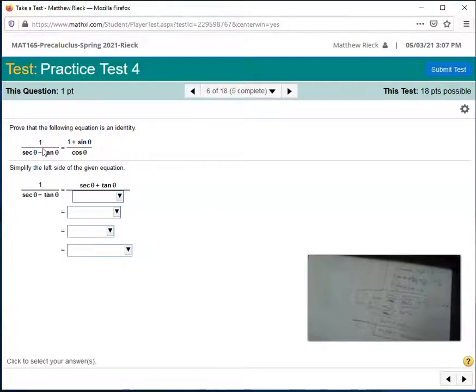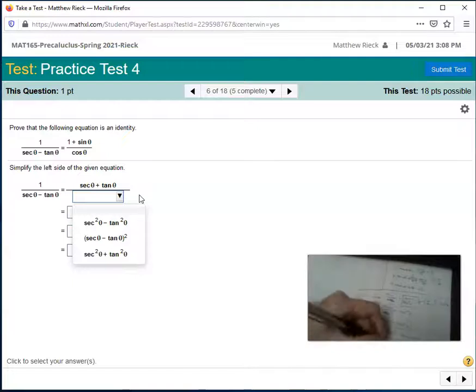All right, so here we have 1 minus secant of theta, minus 1 over secant of theta minus tangent of theta. We want to show that that is equal to 1 plus sine of theta over cosine of theta. Here it looks like what's changing is I'm multiplying the top by secant of theta plus tangent of theta, which means I have to multiply the bottom by that same thing.